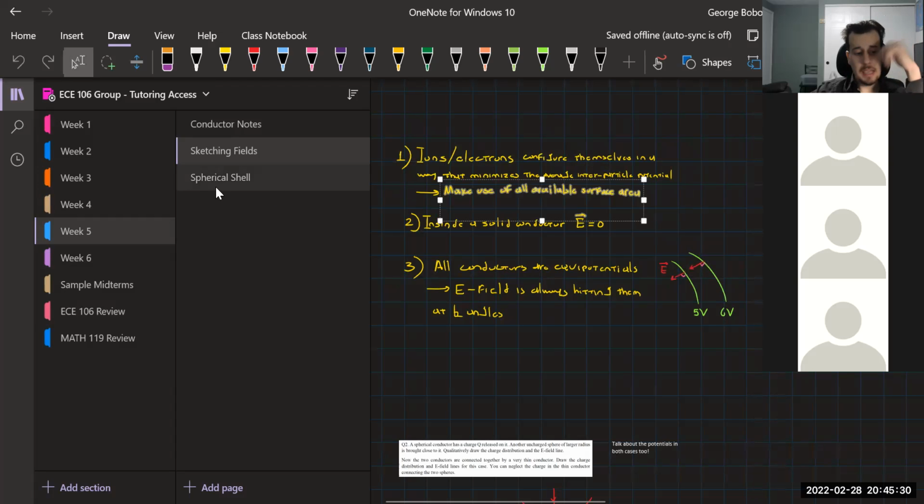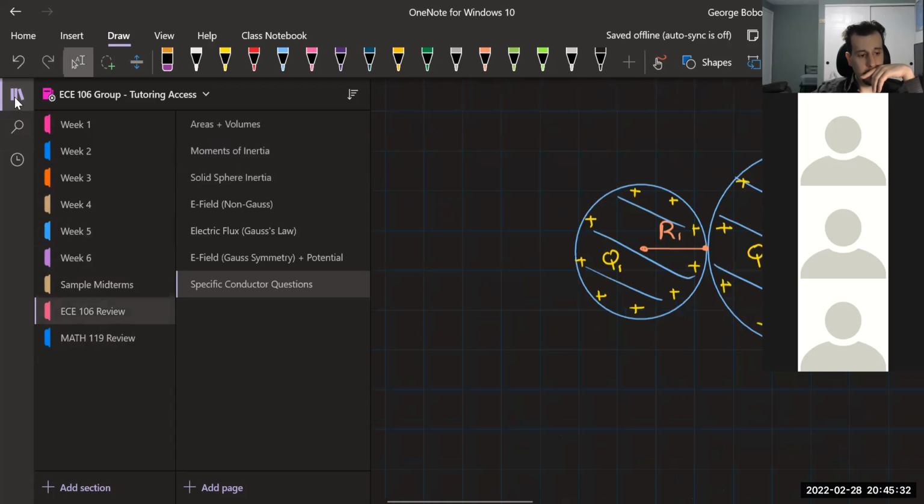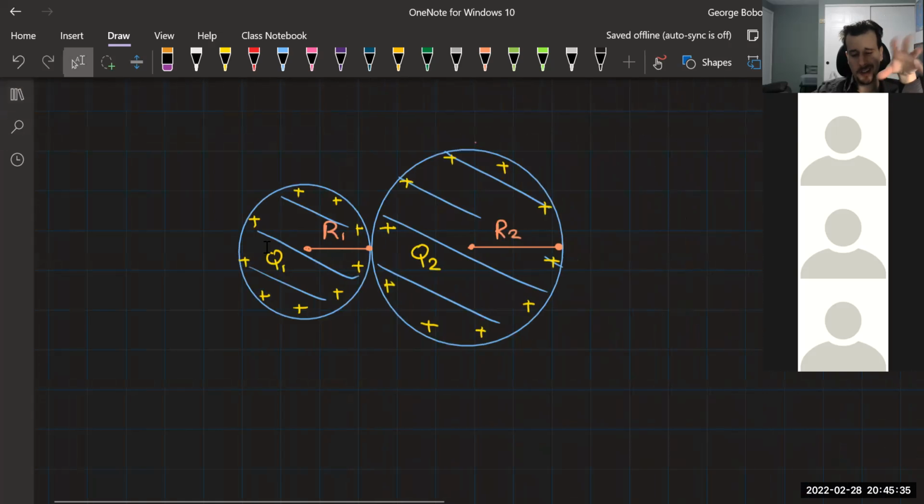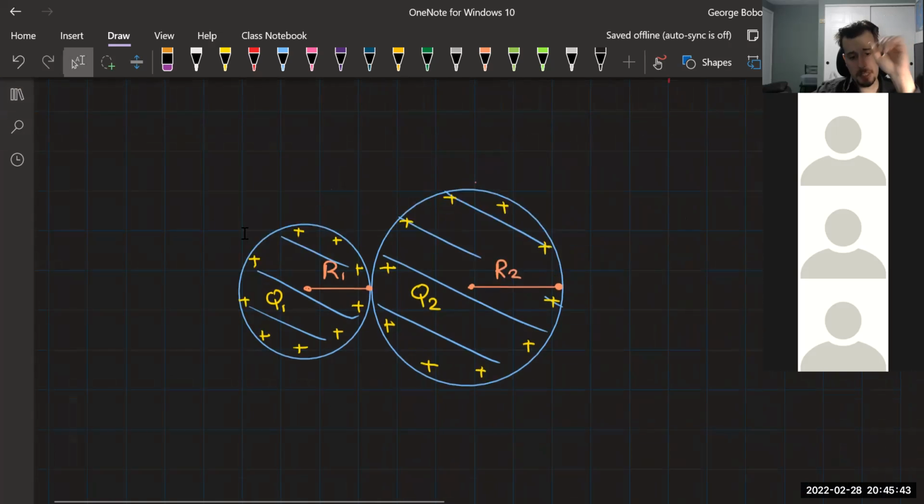Now, if I go back here, I don't know the exact amounts of Q1 and Q2. Q2 could be very big. Q1 could be very big. I don't know exactly the relative scale of Q1 and Q2. But let me tell you something.